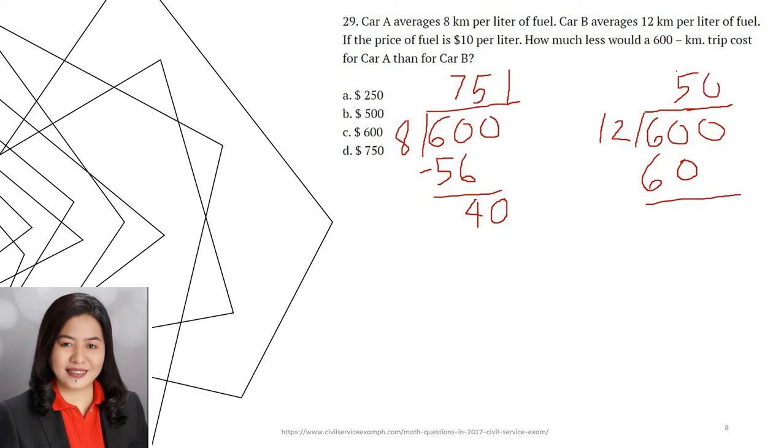So that would give us 50 liters for car B. This is car B, and this is for car A. And it asks how much less would a 600 kilometer trip cost for car A than car B. So what we need to do is simply subtract 75 minus 50.